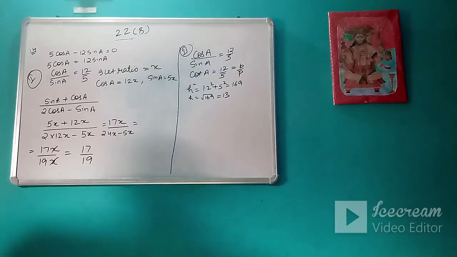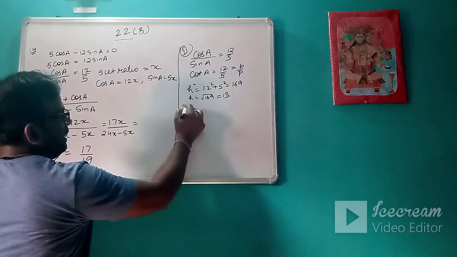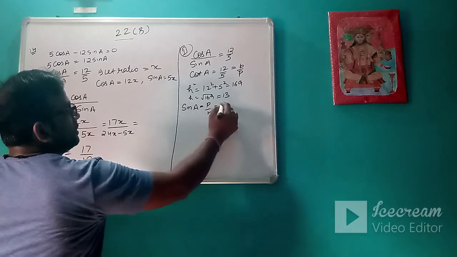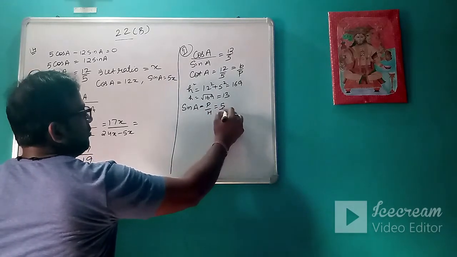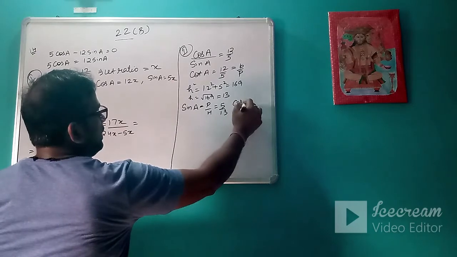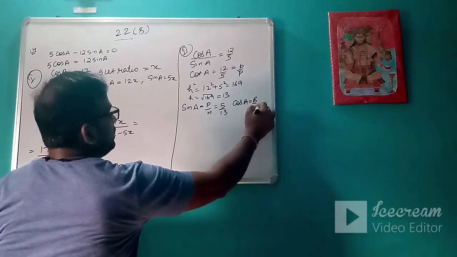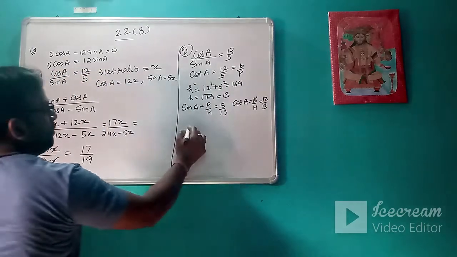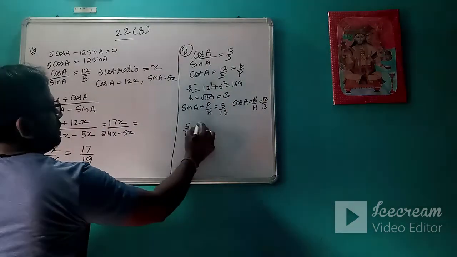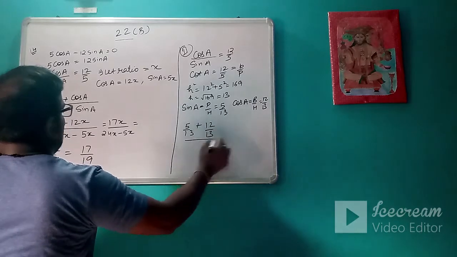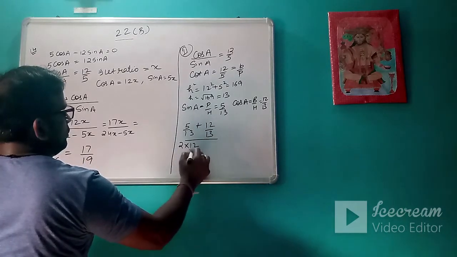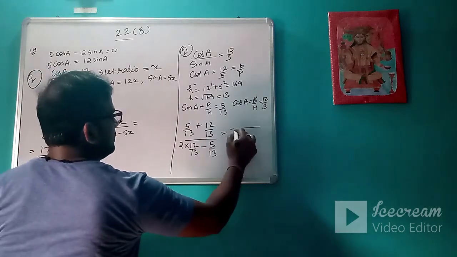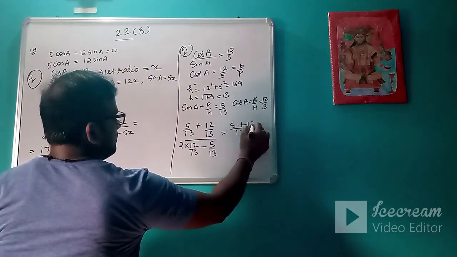Okay, second way of doing this. Then you will separately calculate the value of sin A, that is P upon H. So P is 5, so 5 upon 13, and you will separately calculate cos A, B upon H. So B was 12, it is 12 upon 13. Then you will put the values like (5 upon 13 plus 12 upon 13) upon (2 into 12 upon 13 minus 5 upon 13). Then you will take the LCM.